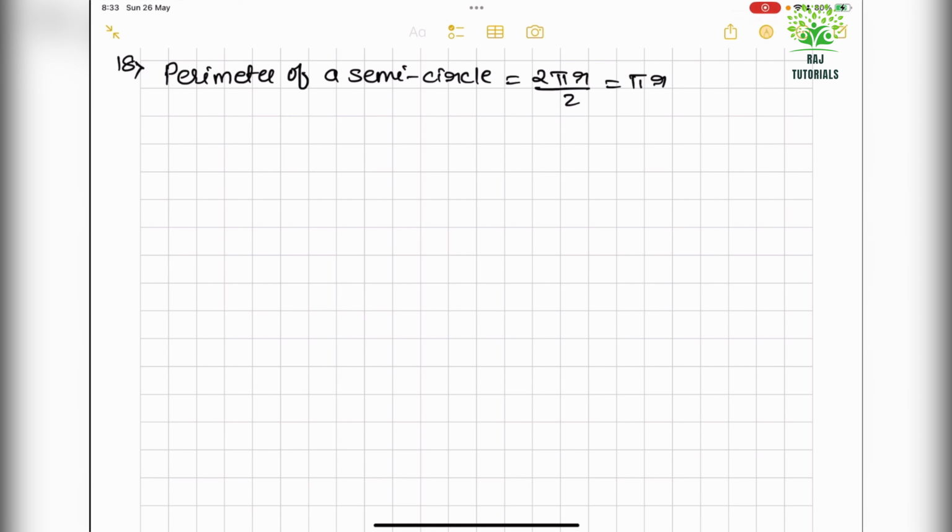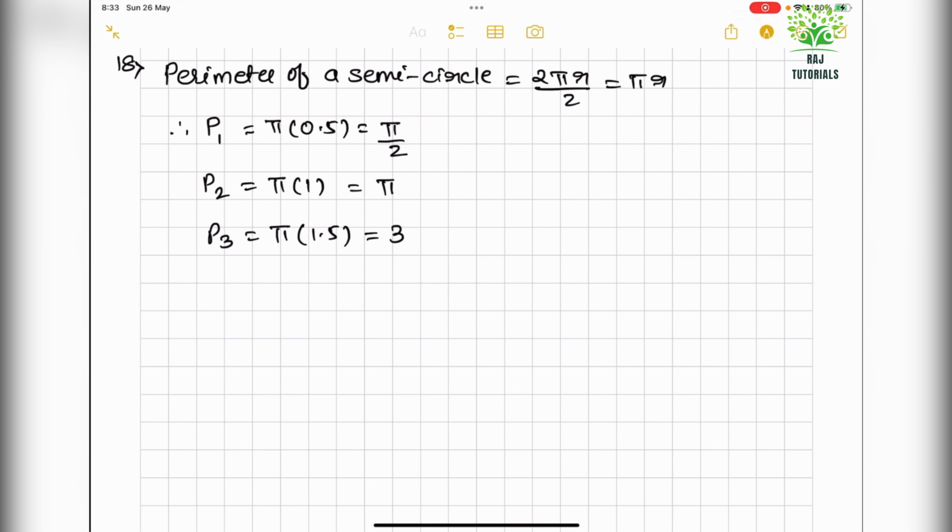Therefore, the perimeter of the first semicircle will be pi into 0.5, so that is pi by 2. Second, it will be pi into 1, so pi. Third one, it will be pi into 1.5, so 3 pi by 2, and so on.